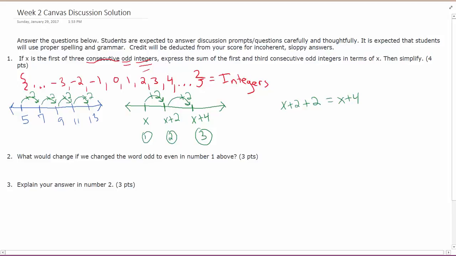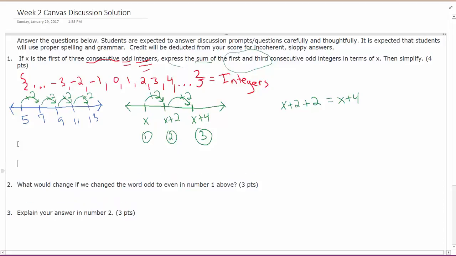So the question here is to express the sum of the first and the third. You want to pay attention: we're only adding the first and third consecutive integers together, but we needed to find the second in order to find the third.